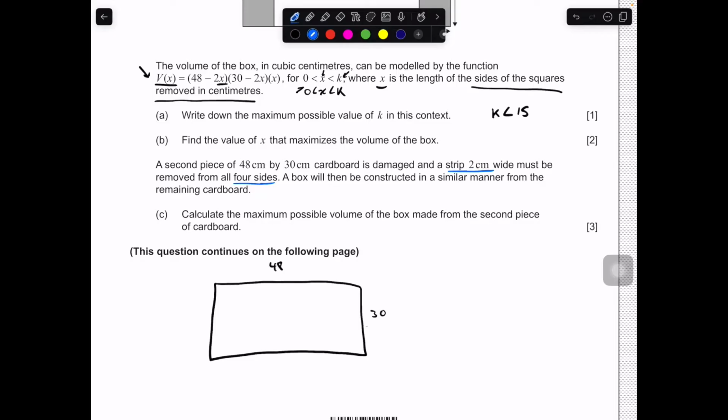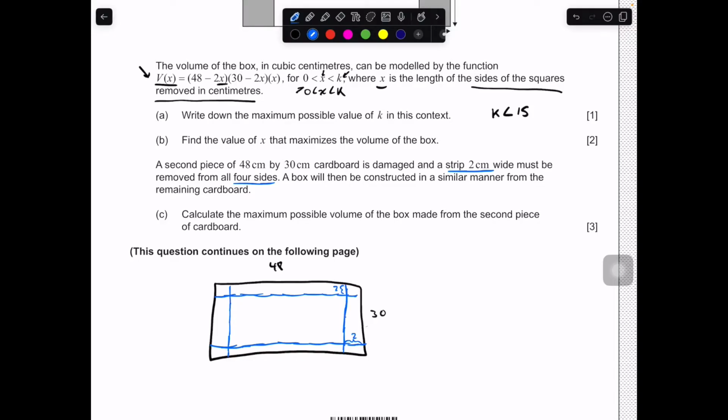So what's going to happen is we need to remove 2 centimeters along here, 2 centimeters along here, 2 centimeters along here, and 2 centimeters along here. And so we're left with a box after we tear these out that's going to be a little smaller. We're cutting out a 2 centimeter strip here, and similarly a 2 centimeter strip here, and so on.